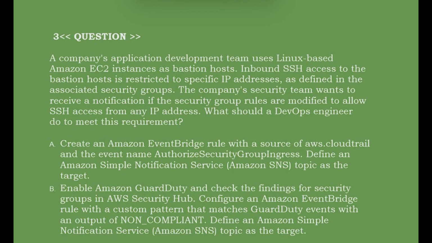Option B. Enable Amazon GuardDuty and check the findings for security groups in AWS Security Hub. Configure an Amazon EventBridge rule with a custom pattern that matches GuardDuty events with an output of non-compliant. Define an Amazon SNS topic as the target.